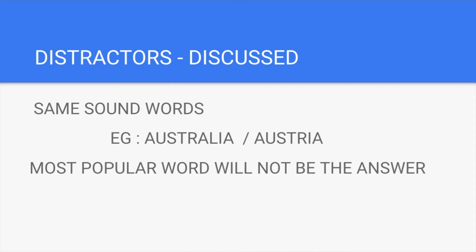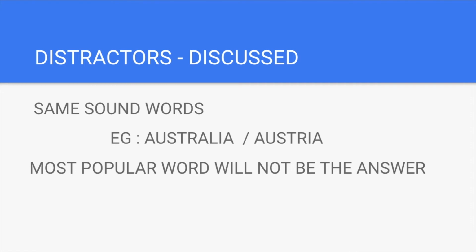The first distractor is same-sounding words. For example, there are words called Australia and Austria. Both sound the same, because you are going to listen to Canadian accent, UK accent, American accent, any accent may come. So as Indian citizens, most of us will write only the popular names.